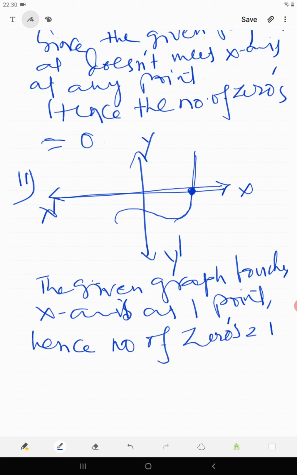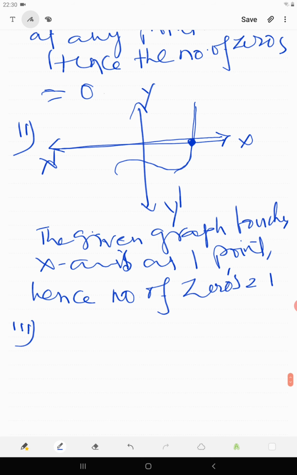Third question. You just need to see at how many points it is meeting the x-axis. So the third question is like this.